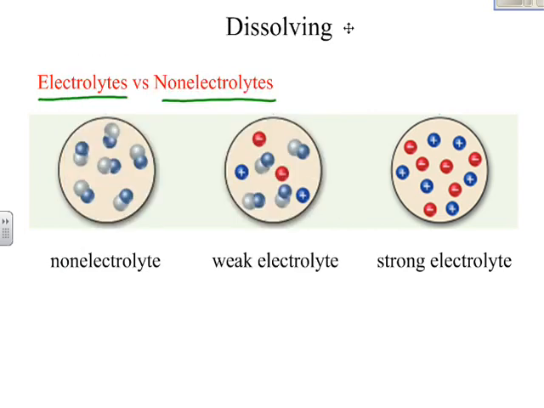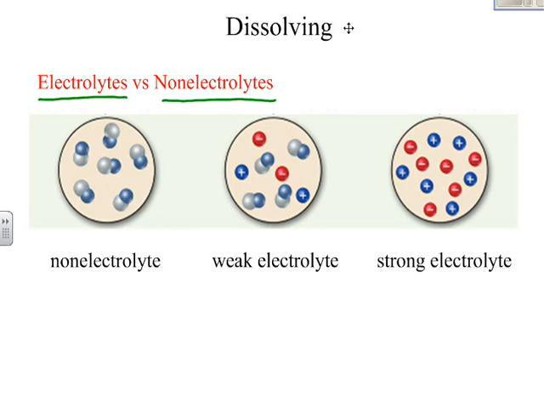So let's take a look at what's happening on the molecular level here. In the first case, we have our non-electrolyte, and here you'll notice that there are no charged particles. They've left the water out of the picture here, but there are no charged particles, making it impossible for electric current to flow through.